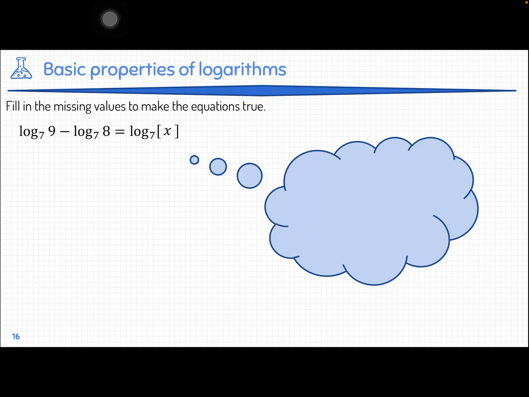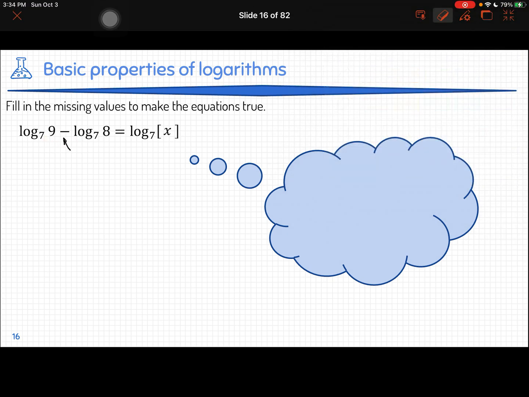And then we need to explore, we need to scan the expression. The thing that we see here is that this is a difference of logarithms. And that means that we need to find a property that has that case.